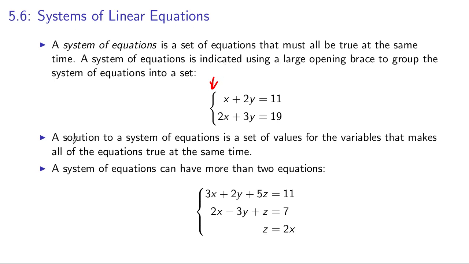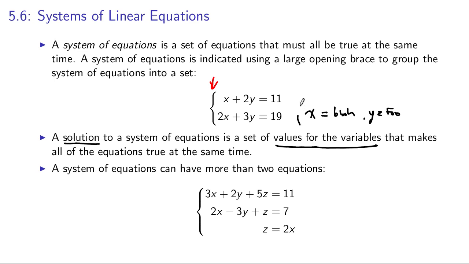A solution to a system of equations is a set of values for the variables. So in this case there's two variables, x equals law, y equals foo, that makes all of the equations true at the same time.